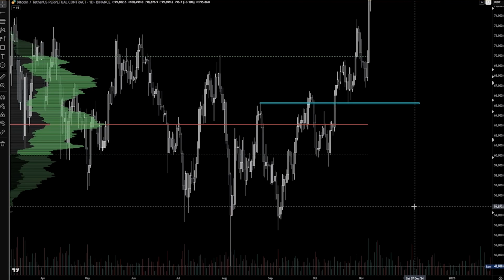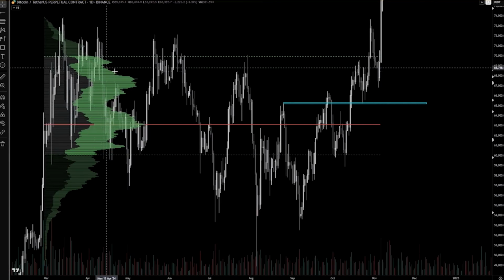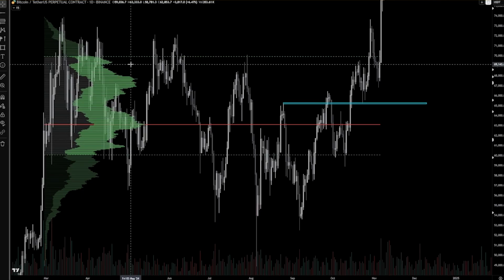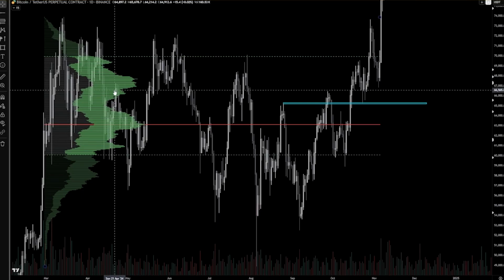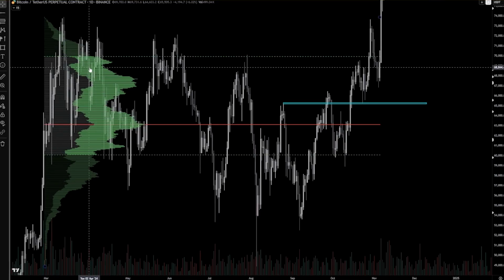When price is within value, and really it could even pertain to volume nodes, but this is a real kind of balanced distribution of the profile. It's just a common thing that happens in ranges.